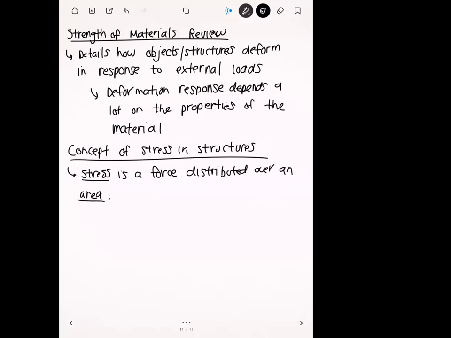The key words here are force and area. In fact, this is the exact same definition as pressure, and the units are the same as pressure, force divided by an area.